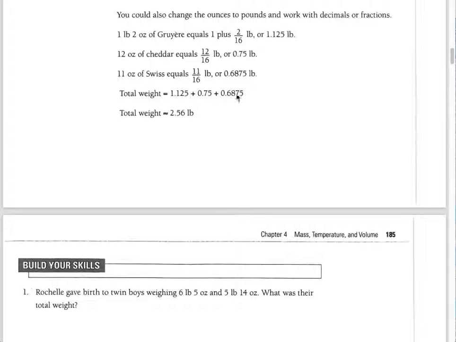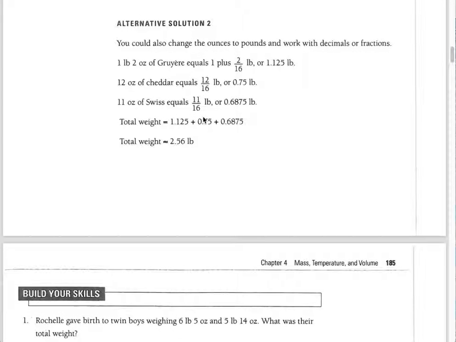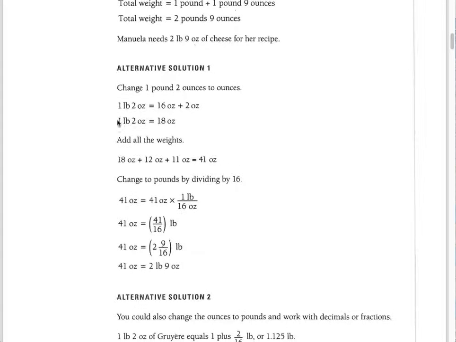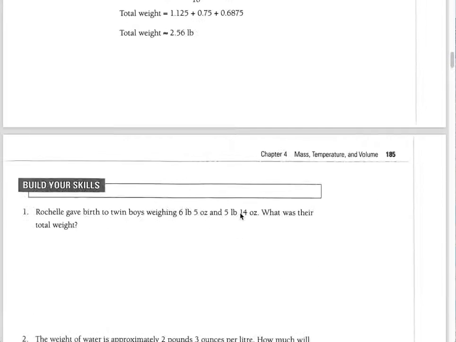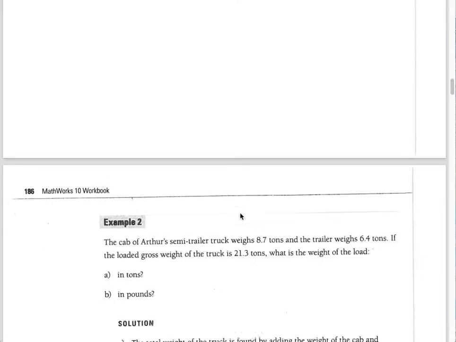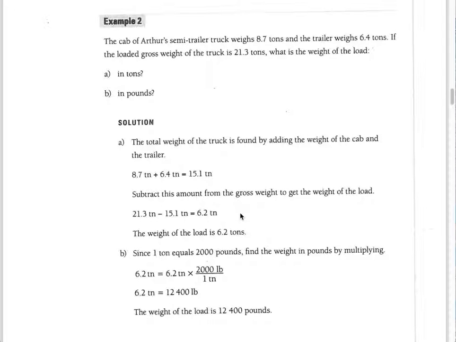Now all these decimals added up will give us 2.56 pounds. So there are various ways to do the same calculation. I think I like the alternative solution 1 the best, preferably converting everything into ounces completely and dividing by 16 to see how many pounds we have. Okay, so 3 questions there for you to try.